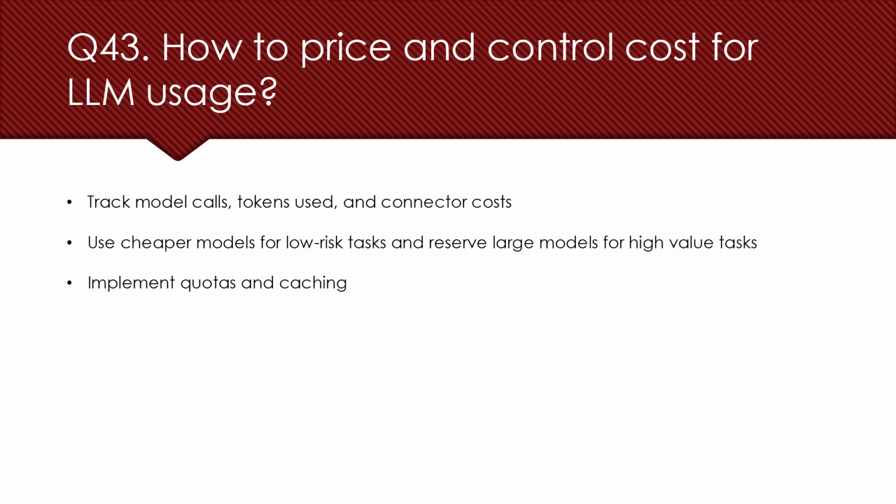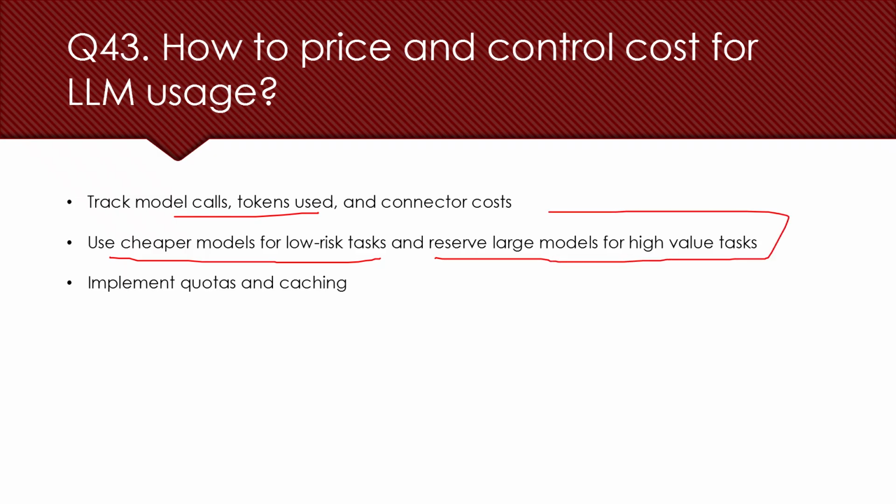We have to track token usage and model calls per agent and user. We have to set a budget or quota at a tenant or department level, right? We have to use cheaper models for low-risk tasks and reserve large models for high-value tasks. So this is important.